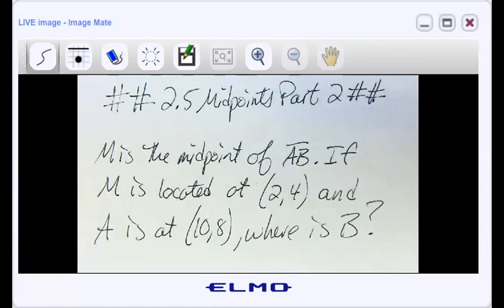You do already know how to answer this because you can use the same formula that we used yesterday.